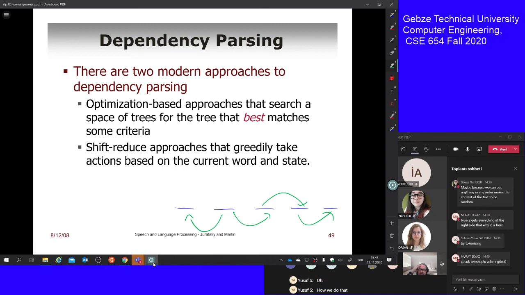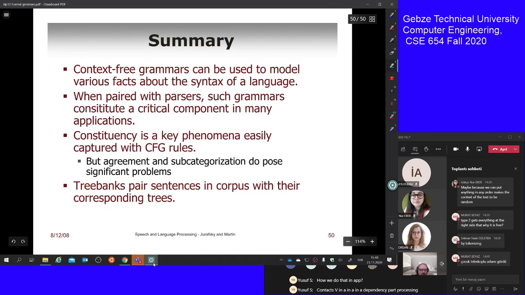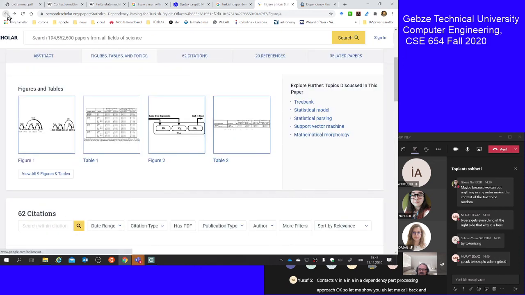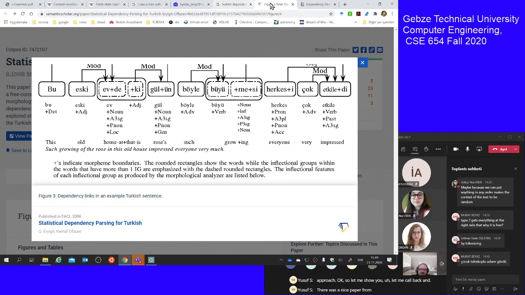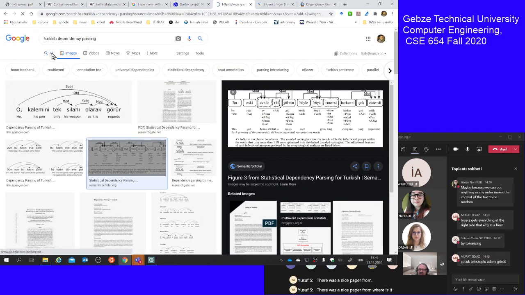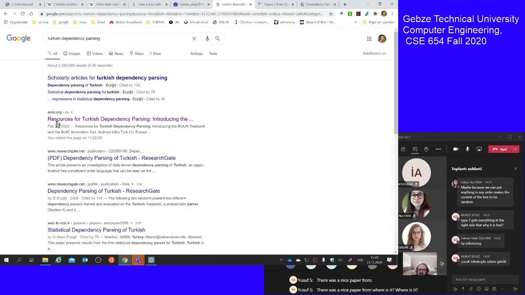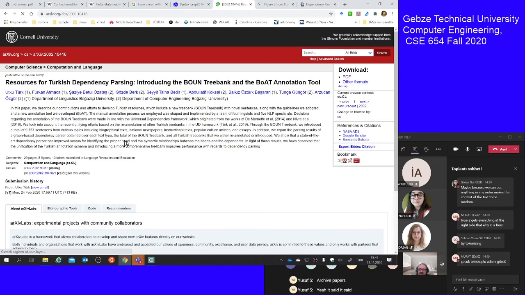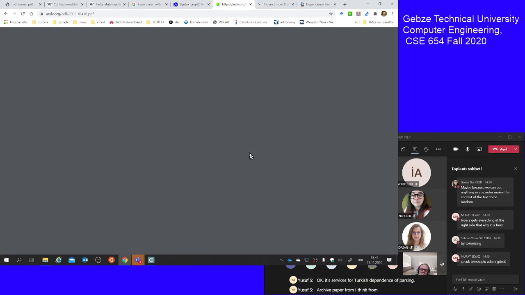In a dependency parsing approach. Okay, so let me show you. Let me go back, there was a nice paper. It's a recent arXiv paper, resources for Turkish dependency parsing, from, I think, Boğaziçi University.